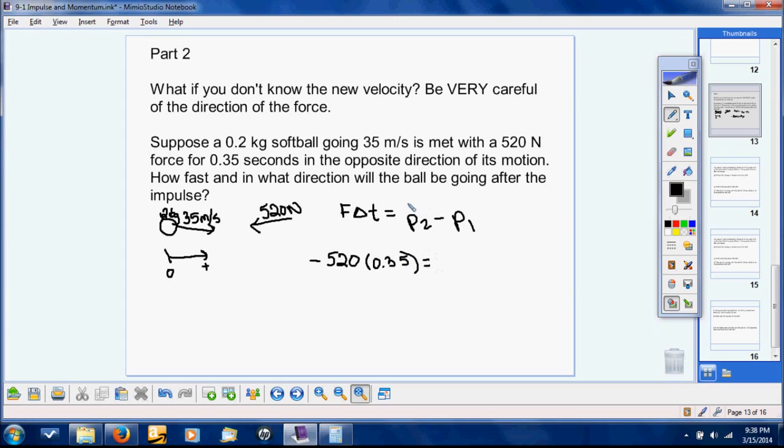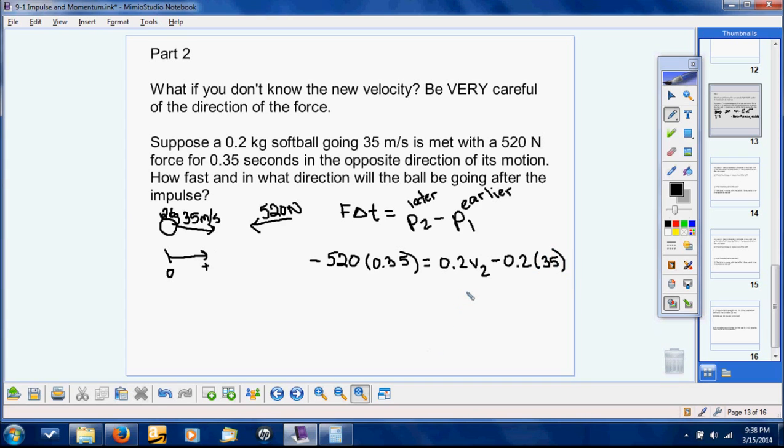Then we have the later momentum minus the earlier. We don't have information on the later momentum, but we do know the mass of the softball, so it's 0.2 times the later velocity that we don't know. Earlier we had the 0.2 kilogram softball going at positive 35 meters per second.